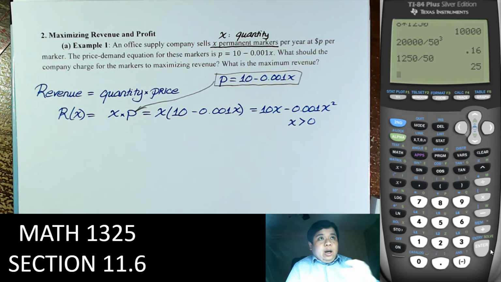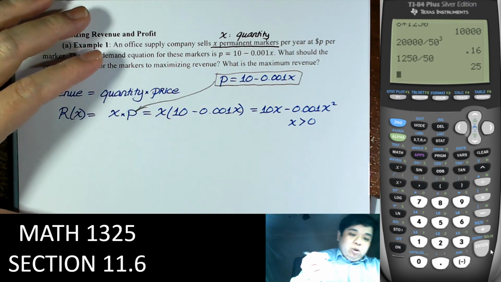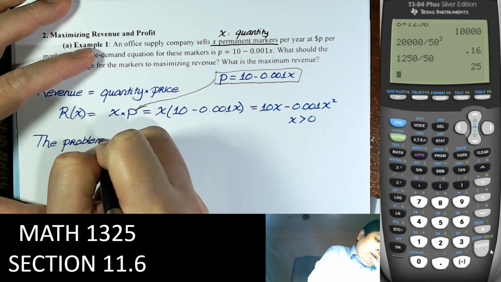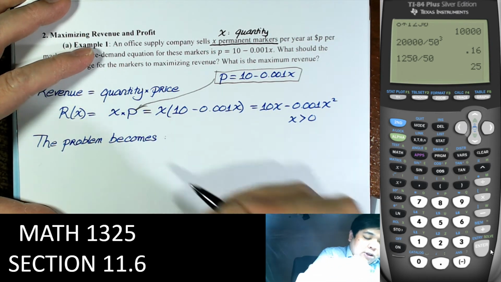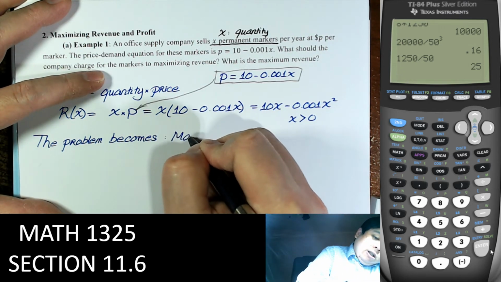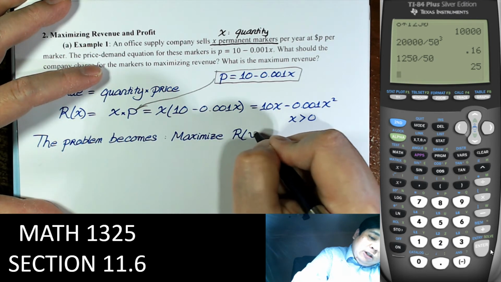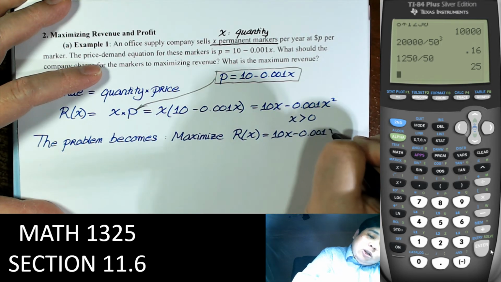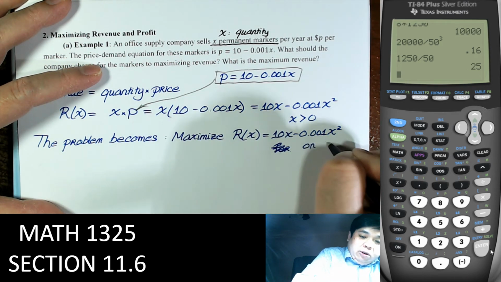Or we can say we want to maximize the revenue for x being positive. So the problem is: maximize the revenue function 10x minus 0.001x squared, let's say on the interval 0 to infinity.